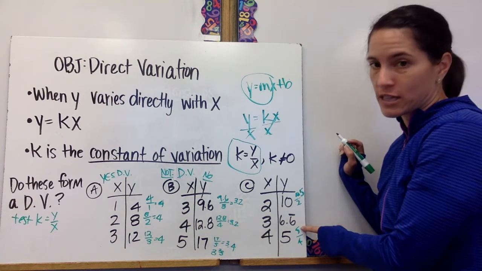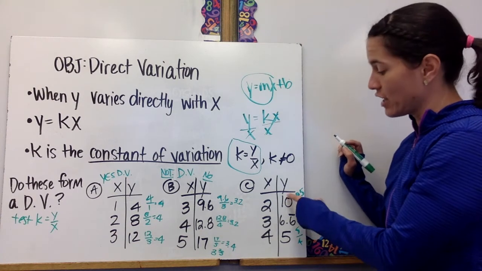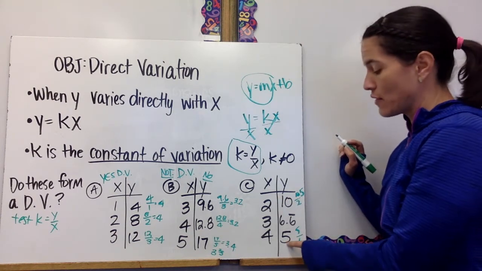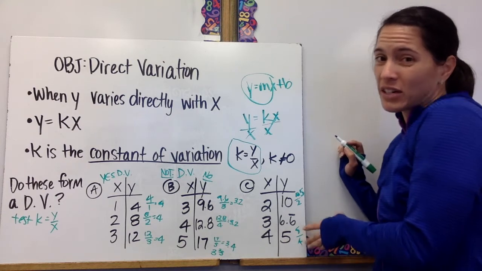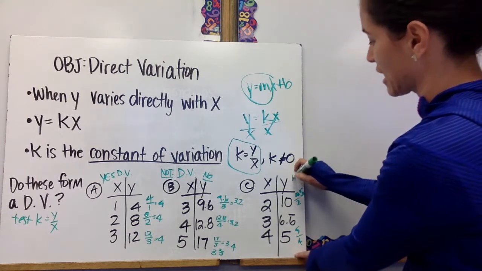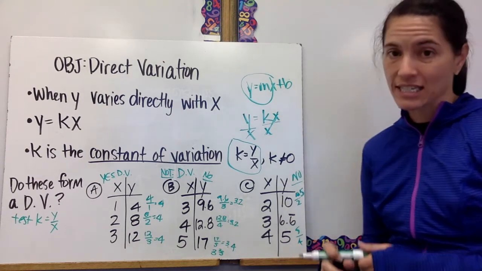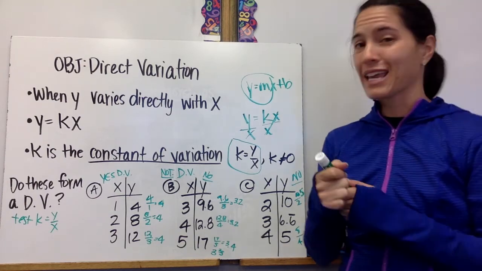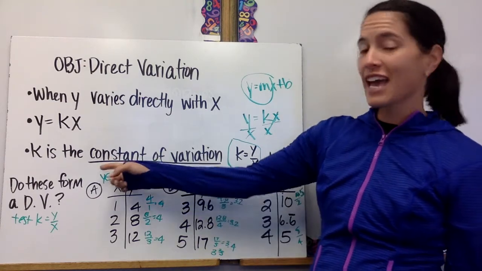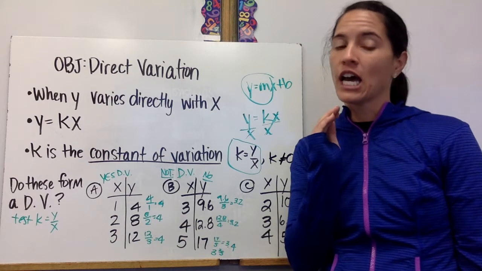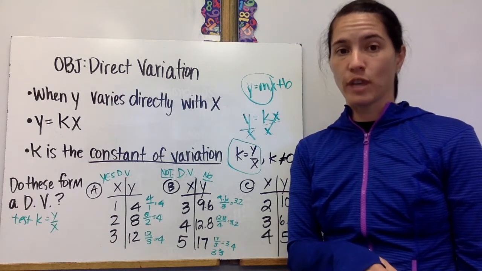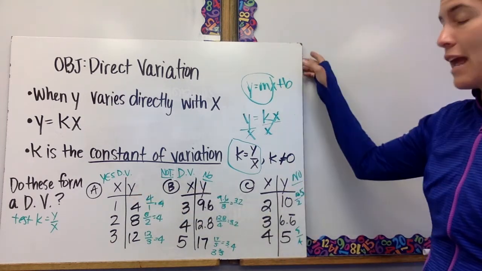That should be easy for you to see. 5 divided by 4 is not going to equal 5. 10 divided by 2 is 5, but 5 over 4 is not 5. So I don't even have to test that middle one. I can see that the answer is no. This is not a direct variation because my k's are not constant. And your k has to be the same for every point in your table. So that's example 1, how to tell if it's a direct variation.